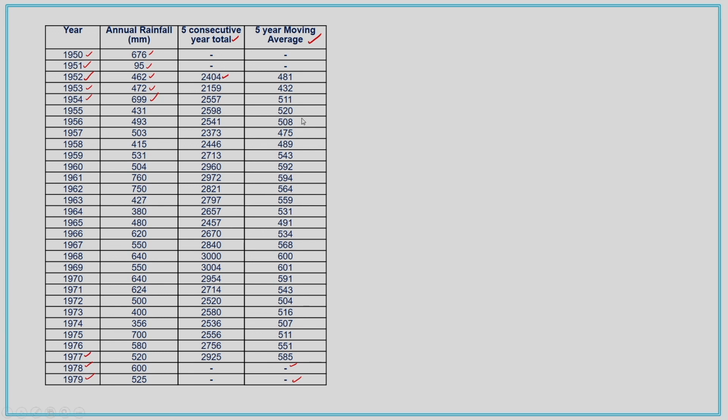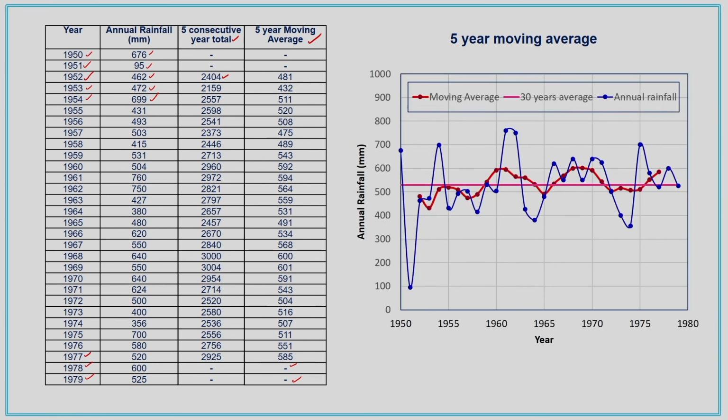After calculating the 5-year moving average, we will be plotting it. The moving average curve is given by this red line. We have the annual rainfall, the mean rainfall for 30 years, and also the moving average. Compare the curves corresponding to annual rainfall and the moving average.